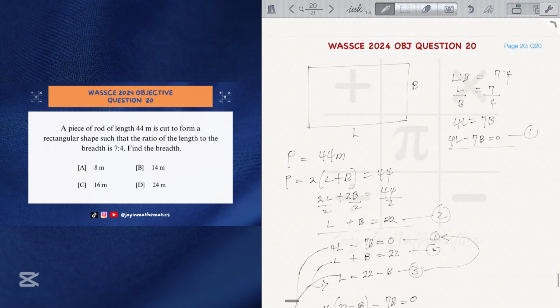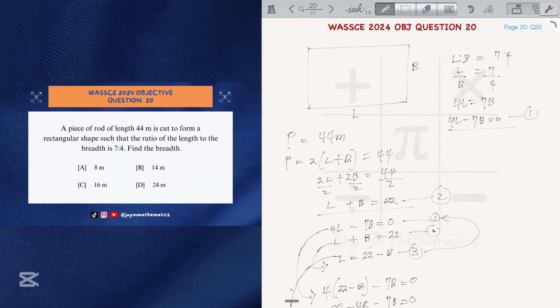So let's take a quick recap. We're given that a piece of rod of 44 meters is cut into a rectangular shape with length and breadth. Now the perimeter of the rectangle is 2 times L plus B, which is equal to 44. Then we simplify it to have expression 2.